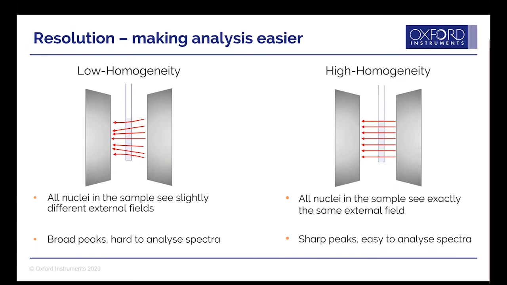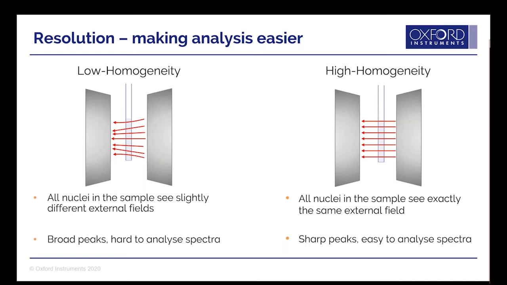One of the big things that has improved massively in this generation of benchtop spectrometers is resolution. From the technical side of this, what we call the magnet homogeneity. If you have a low homogeneity magnet, all nuclei see a very slightly different external field, which means that when you look at your spectrum, you'll see ever so slightly different chemical shifts, and that results in a broad peak and spectral overlaps, which make the spectrum hard to analyze.